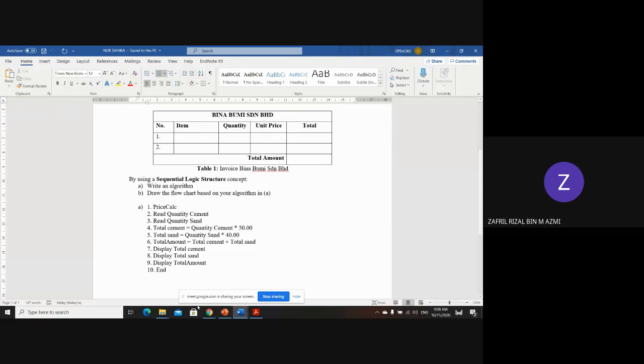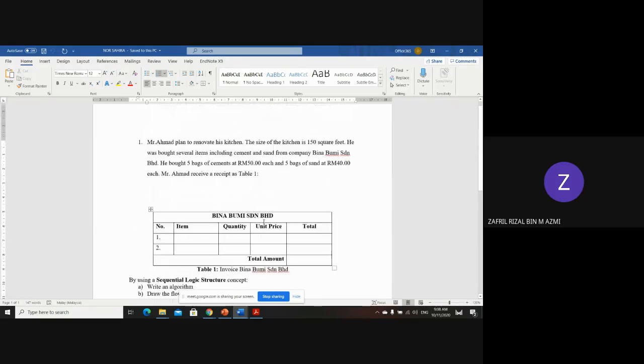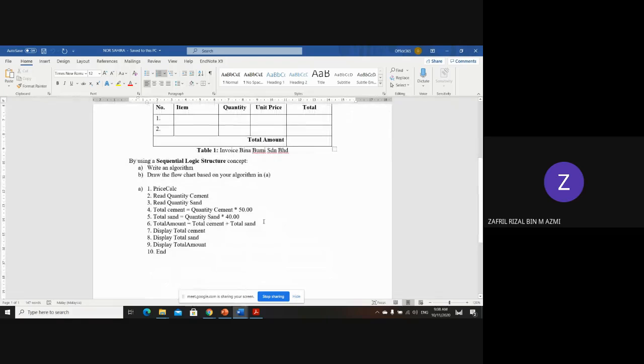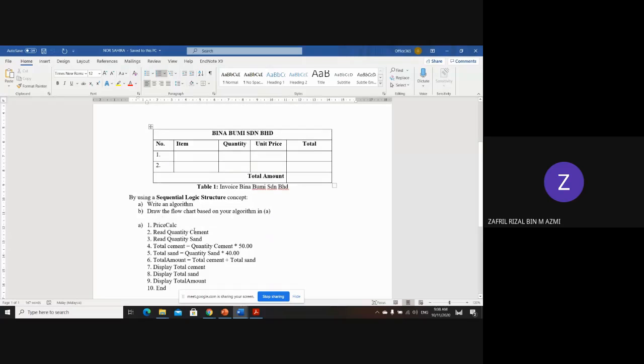Hilang lah. Okay, read quantity, not specifically for cement. If you do like this, then it is wrong.